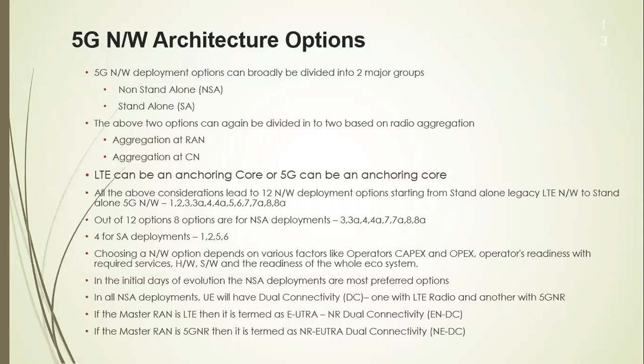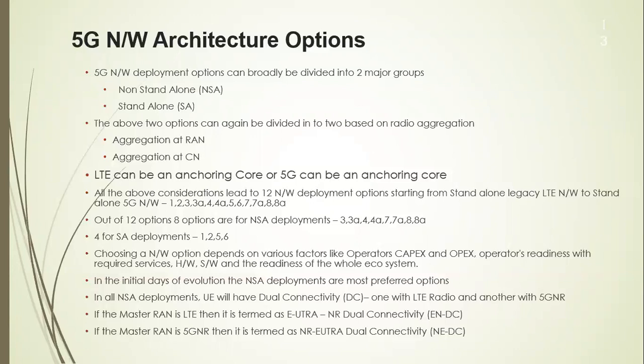Otherwise, it will come to the E node B, and E node B will hand over the 5G packets to G node B using the X interface, and then G node B will send it to the UE. So this is aggregation and separation at the RAN level, which we will see in detail. All these possibilities give you almost 12 different architectural options.